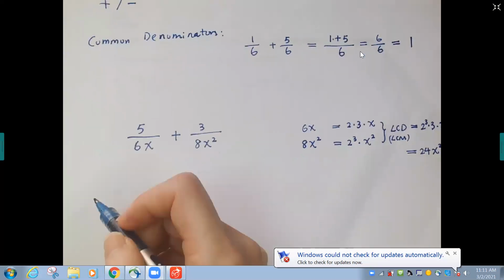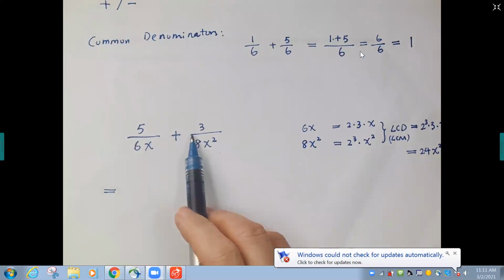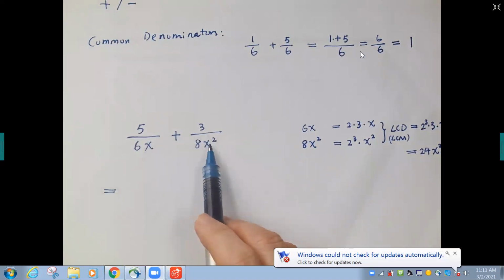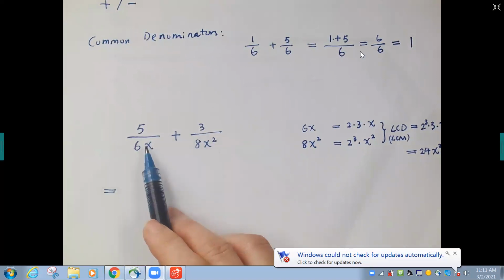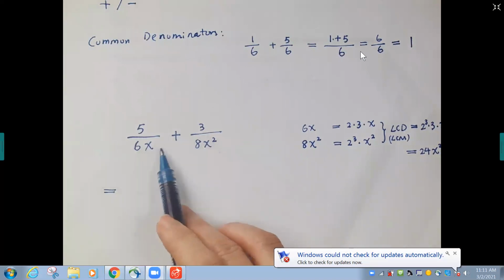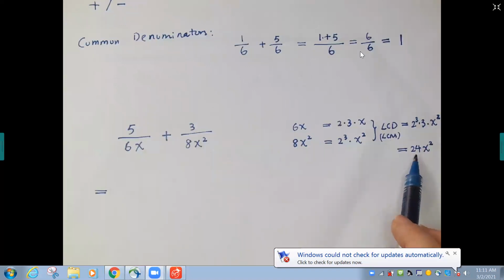Now I will go back here. To add those two rational expressions, I really want them to have the same denominator. Since they're not the same for now, let's turn them into the same denominator. They will be turning into their least common multiple, the least common denominator.